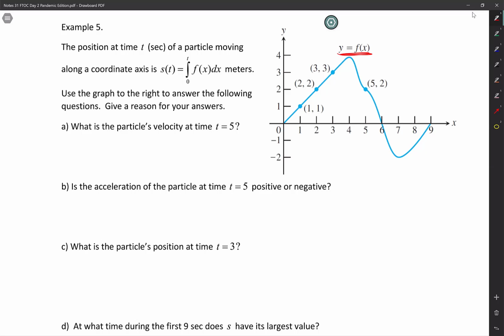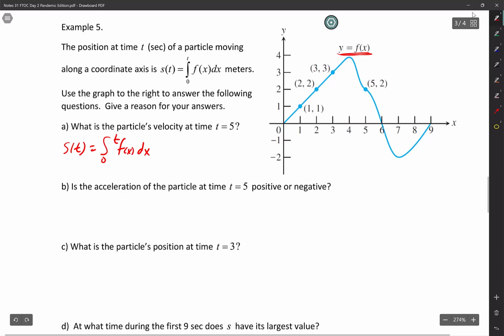All right, first question. What is the particle's velocity at t equals 5? Well, my position is the integral from 0 to t of f of x dx. How do I get velocity, guys? I take a what? A derivative. Do I have a variable on the top, a t? Yes. So v of t is equal to f of t.